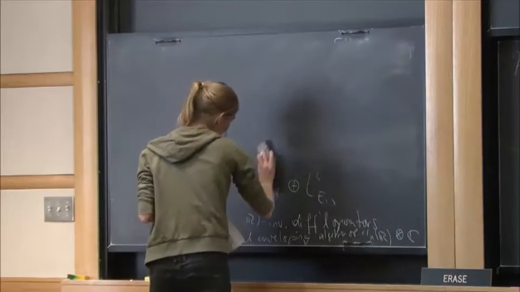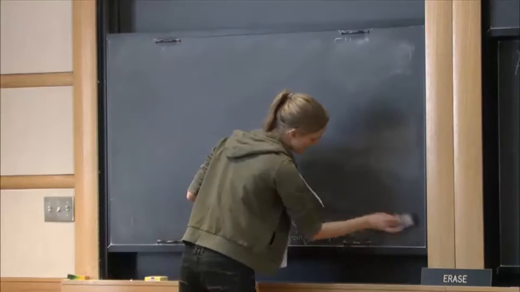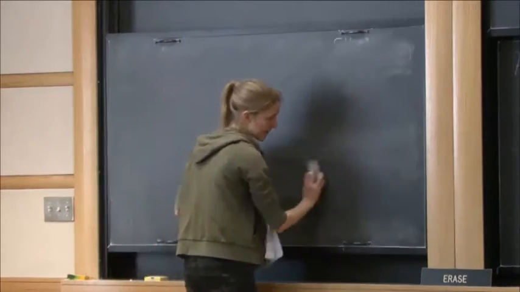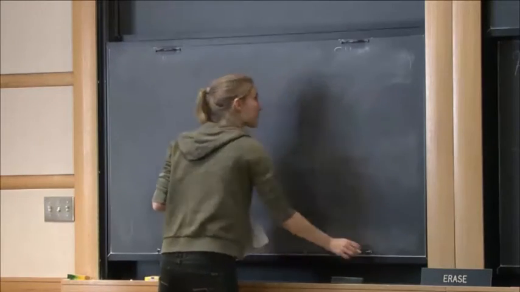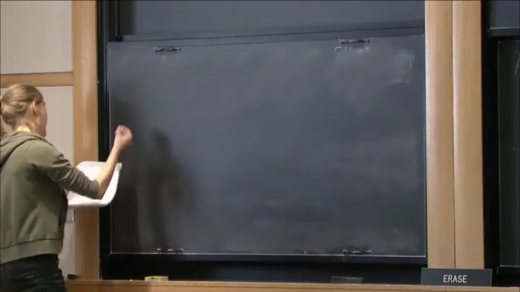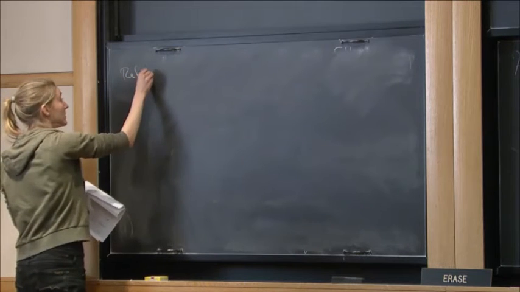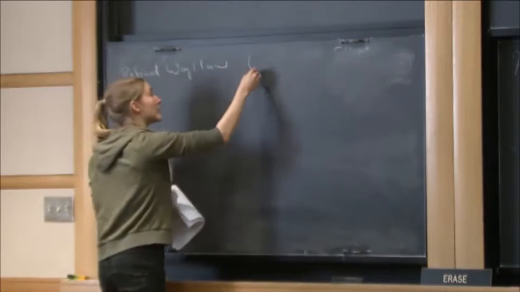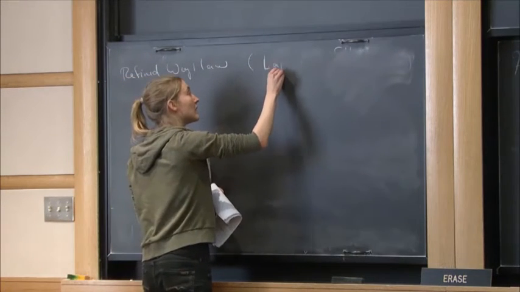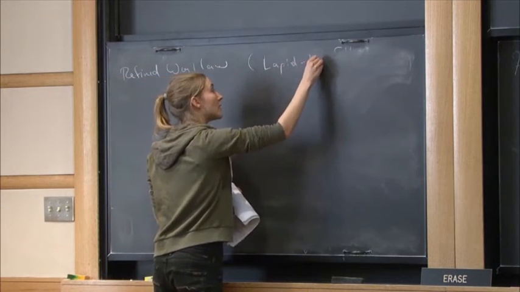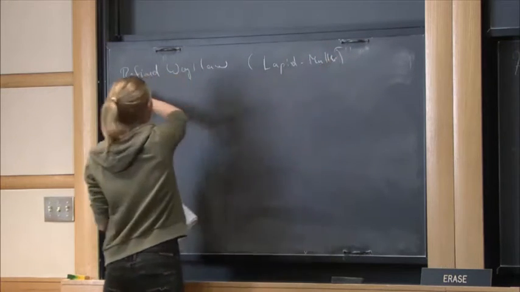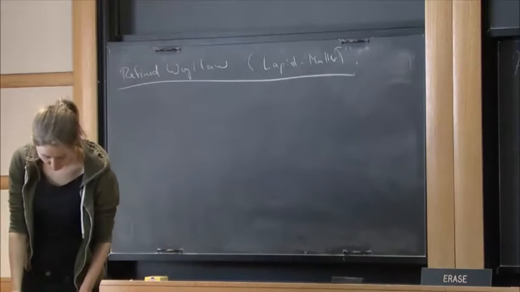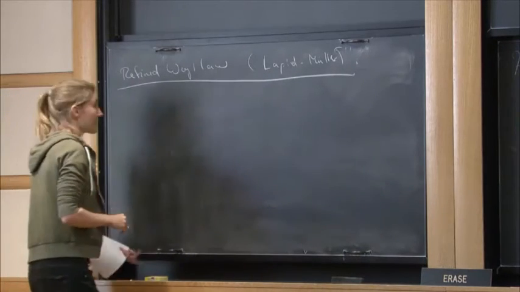So the first case one can look at are the infinitesimal characters at infinity, so the eigenvalues under the differential operators. And there one has a refined Weyl law, which is due to Lapid and Müller, which says the following.